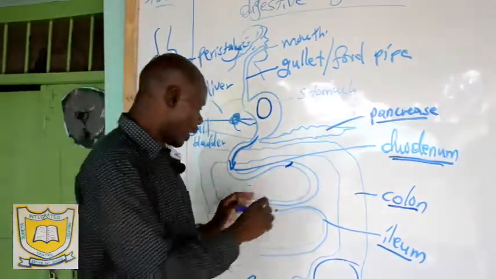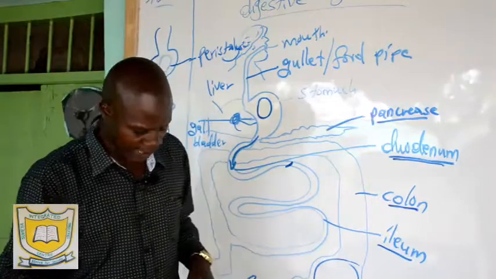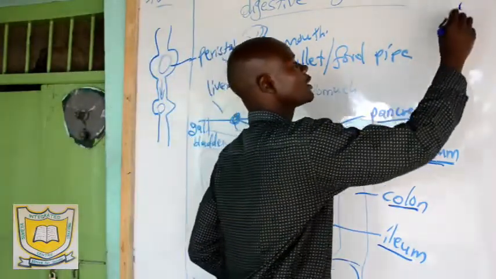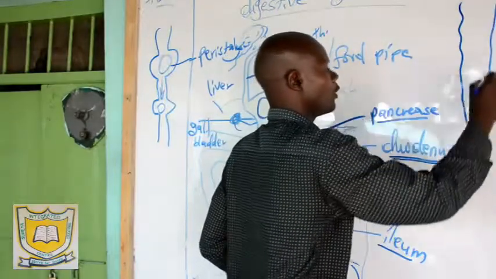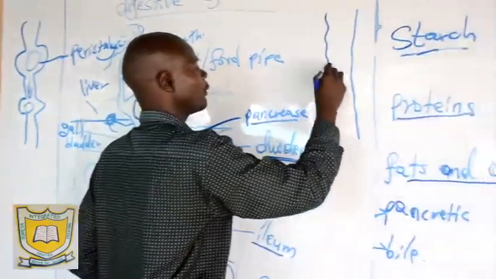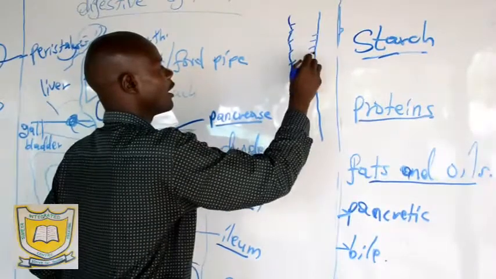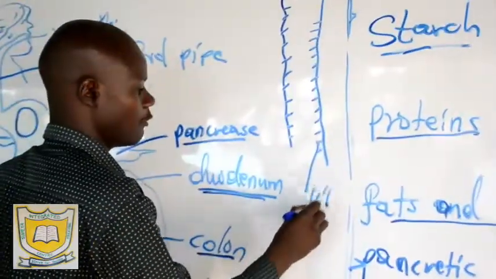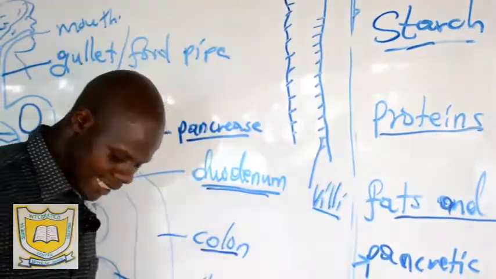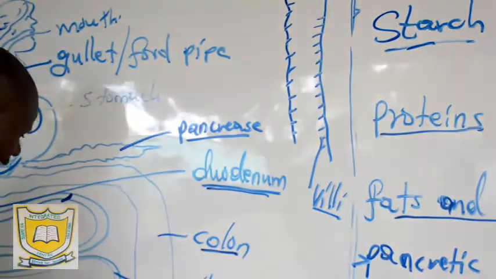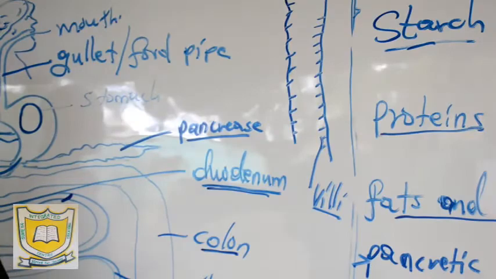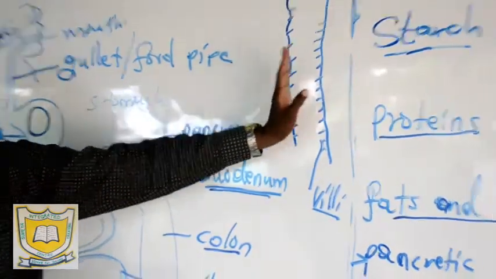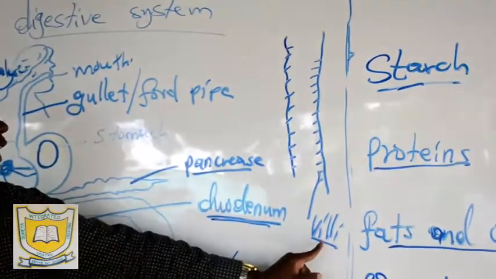As you proceed down the lower part of the small intestine, we have finger-like projections on the walls of the small intestine, known as villi.